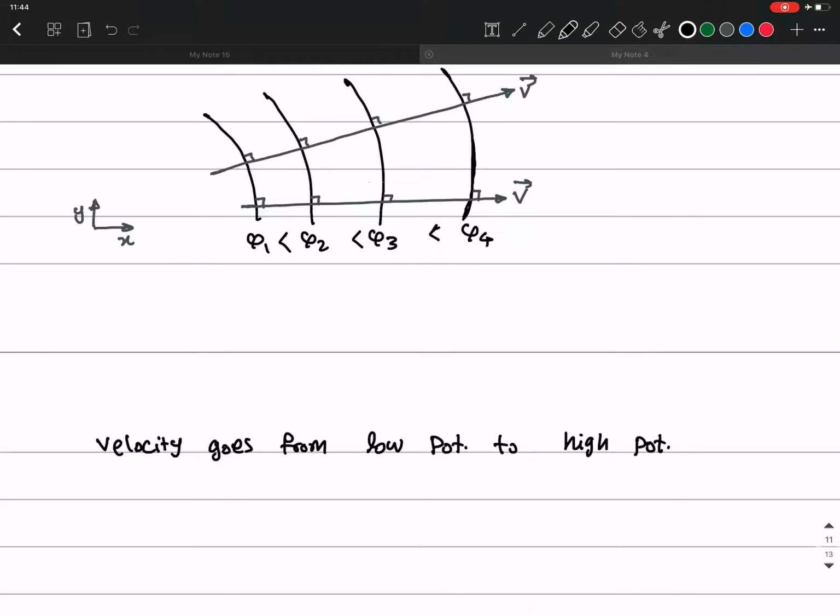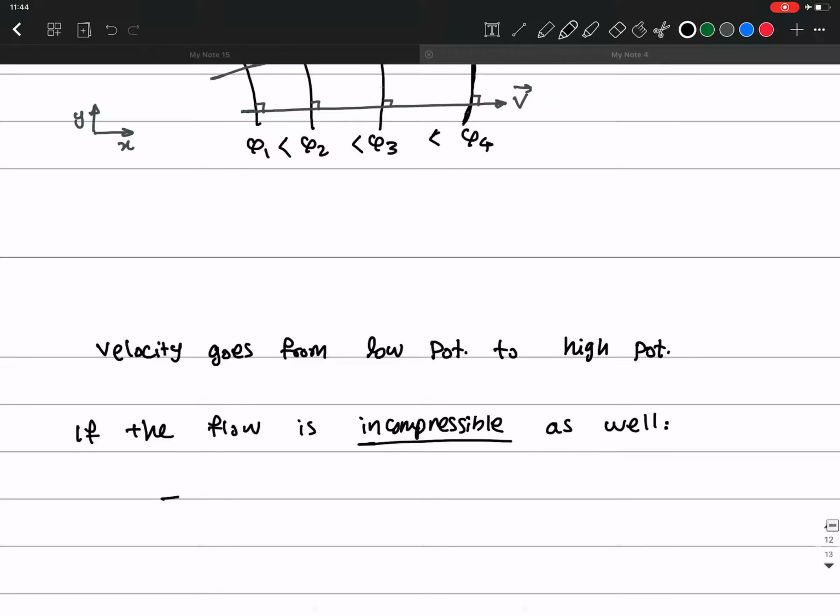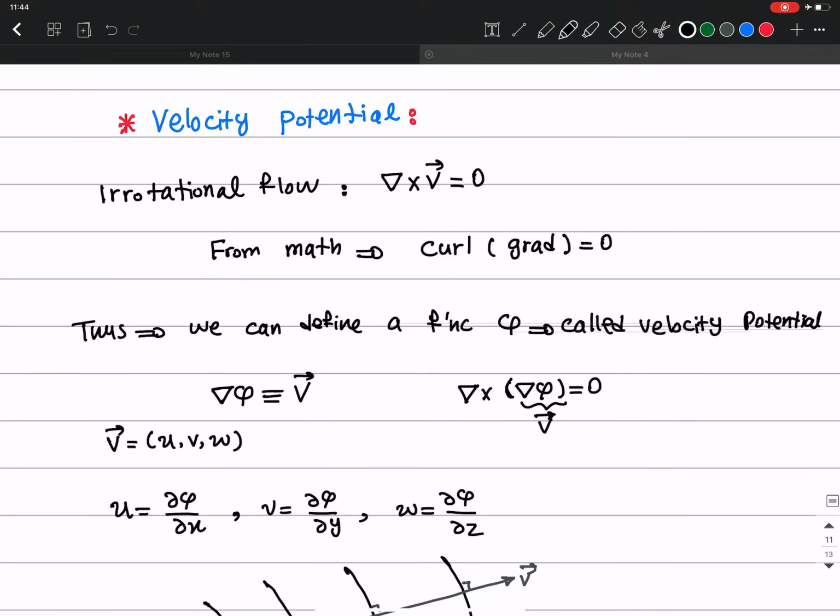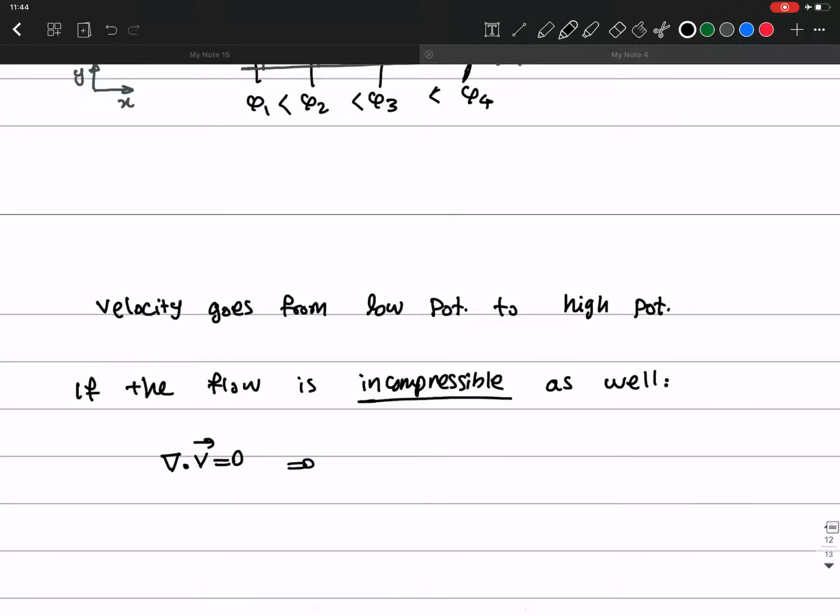So if the flow, in addition, is incompressible as well, we can write that the divergence of velocity is going to be 0. And for velocity, we just define it as grad phi. So this means that the divergence of grad phi is going to be 0.